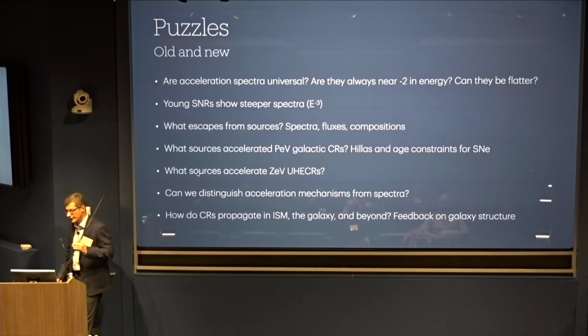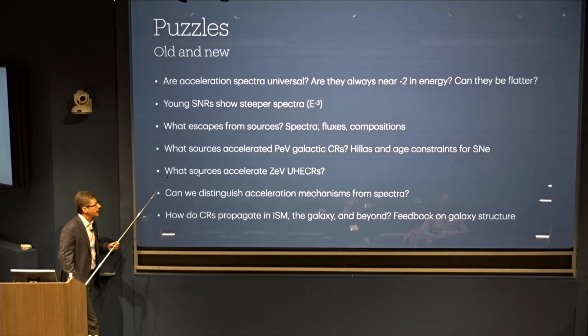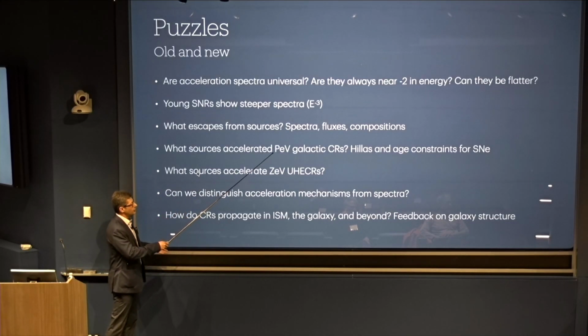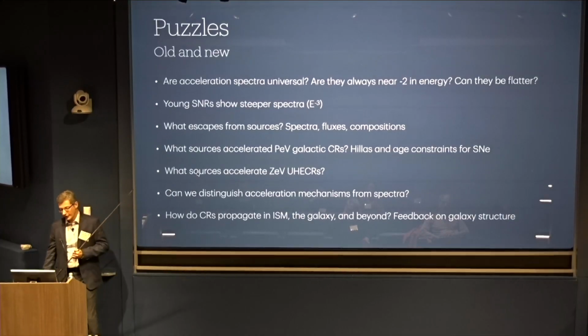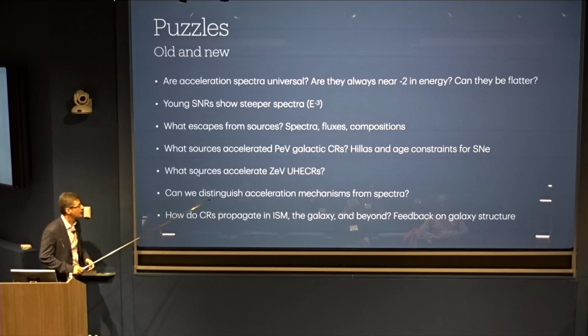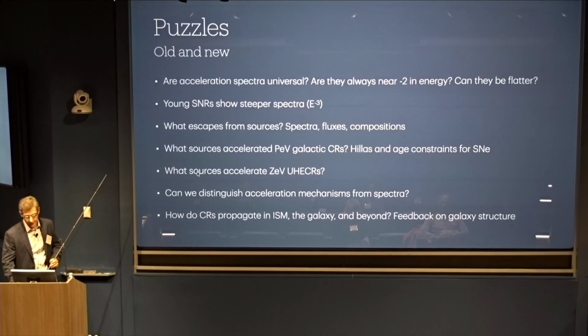So we're interested in the fluxes and spectra of escaping particles. And for cosmic rays, we're interested both in what got us to the PeV range, presumably supernova remnants, and also ultra-high energy cosmic rays, presumably extragalactic sources. What they are is still a big puzzle, and this is one of the main focuses of the collaboration.